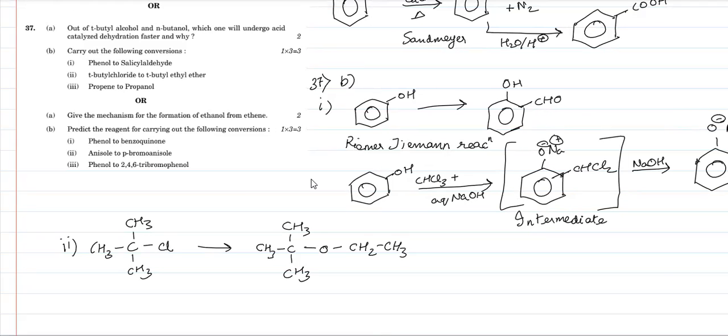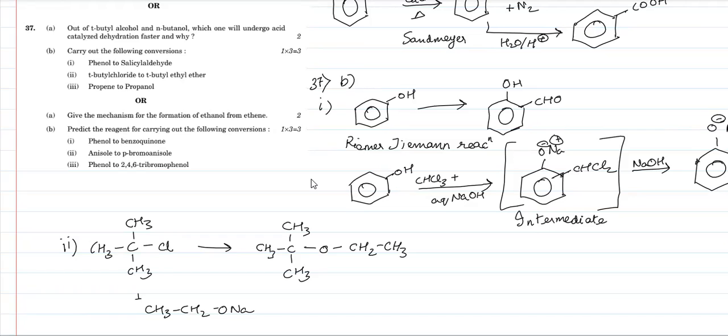First of all, the immediate reaction that we think about when we look at this conversion is the Williamson synthesis, and we would just take the RX, so CH3 thrice C, the tertiary chloride, and then on reaction with this, it would probably react with CH3CH2ONa, and this in turn would give us a product.